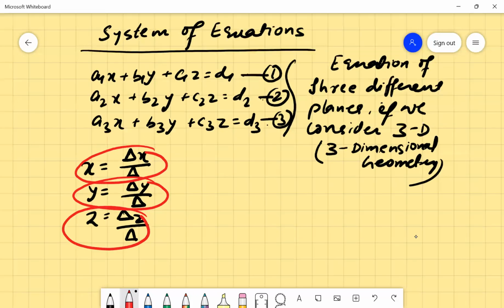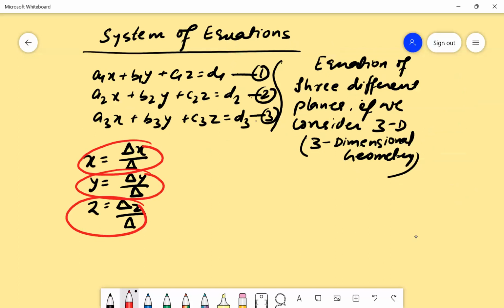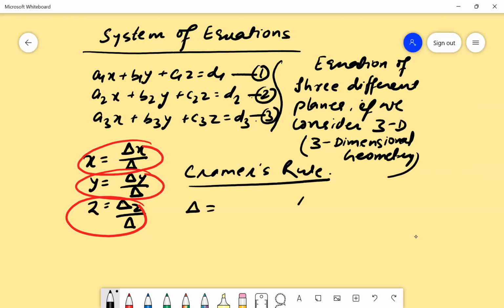So, here comes the use of determinants. There's a rule, Cramer's rule. With the help of Cramer's rule, we define delta x, delta y, and delta z in the form of determinants.